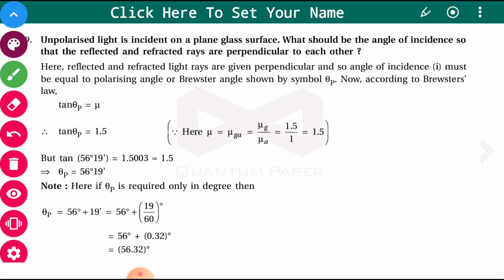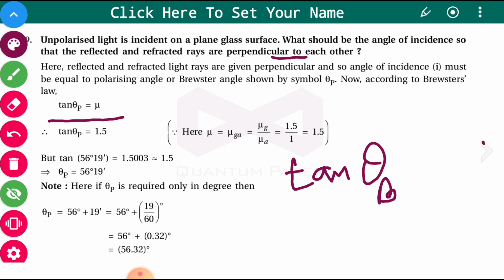Whenever the reflected ray and refracted ray are perpendicular, we can say the reflected light is plane polarized, and you can use this formula: tan theta b, Brewster's angle, sometimes also denoted by theta p. So tan theta b is equal to the refractive index mu, so tan theta p is equal to 1.5.